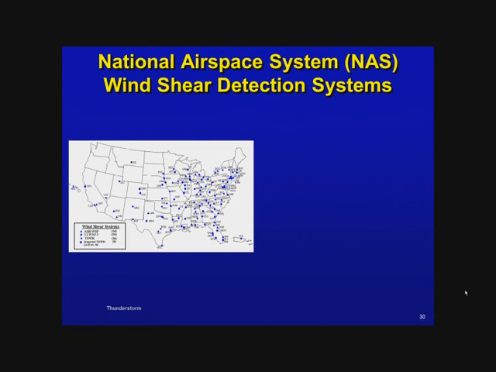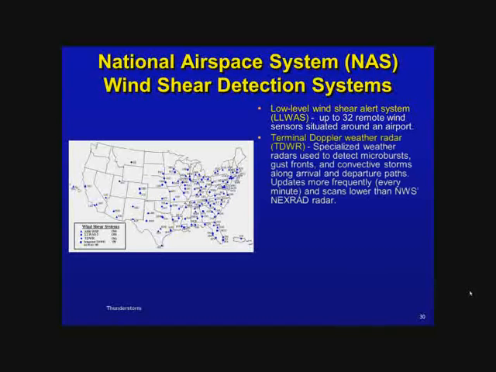The FAA has installed the following systems to warn terminal controllers and pilots of microbursts, wind shears, and gust fronts. There's LLWAS, or the Low-Level Wind Shear Alert System, with up to 32 remote wind sensors situated around an airport. There's also the Terminal Doppler Weather Radar, or TDWR, which is a specialized weather radar used to detect microbursts, gust fronts, and convective storms.